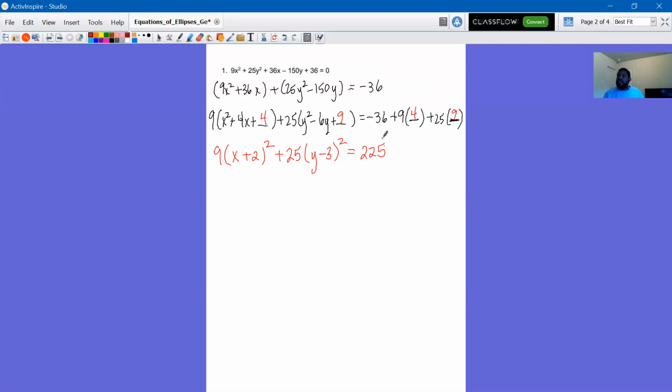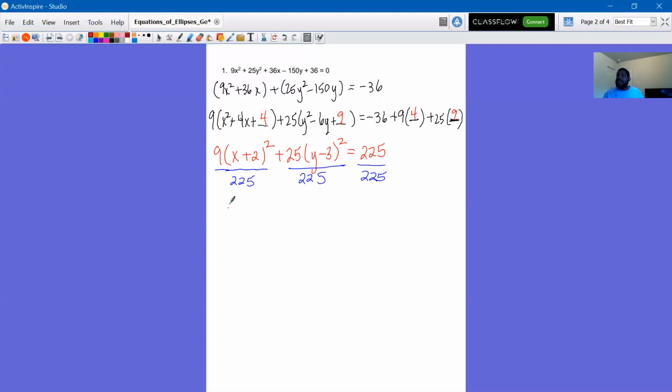Now, to get the standard form, we need to make this a 1. So we need to divide both sides by 225. So we're going to divide the 9 times x plus 2 squared by 225, and divide this 25 times y minus 3 squared by 225, and 225 by 225.